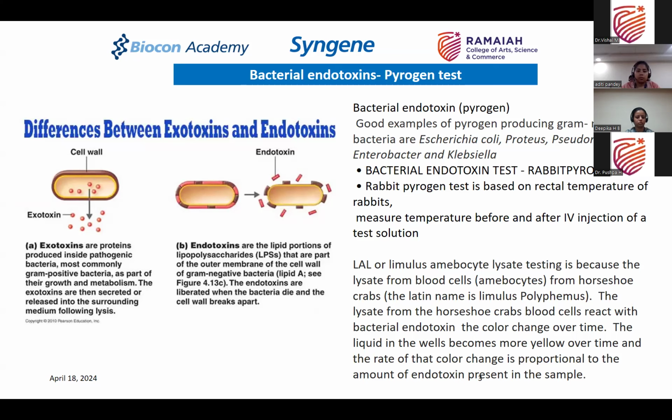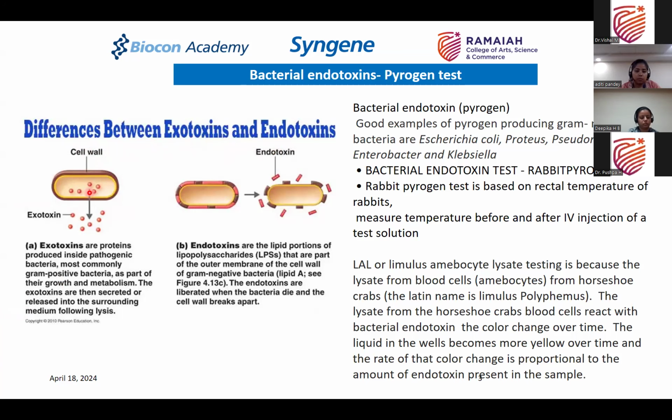Here I have given a chart showing the difference between the exotoxin and the endotoxin.